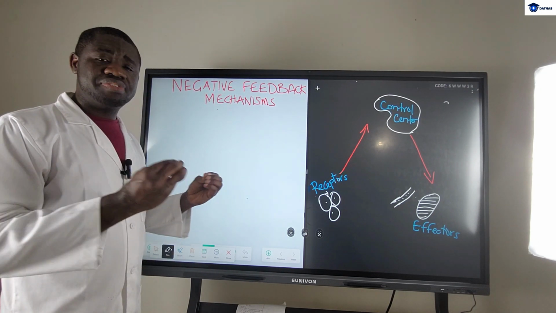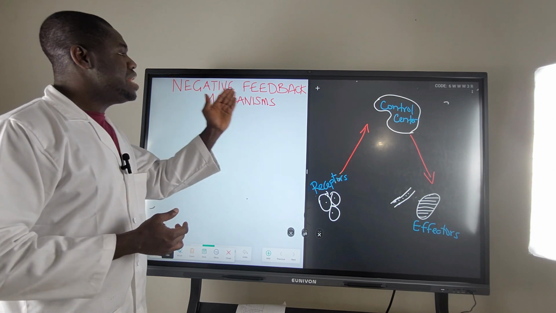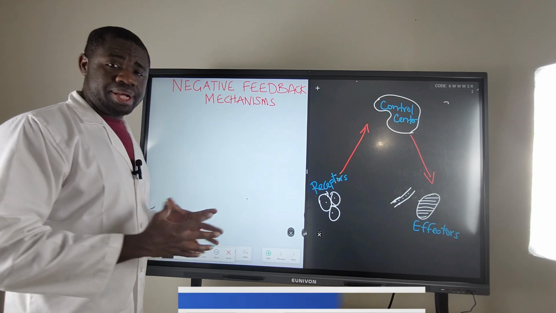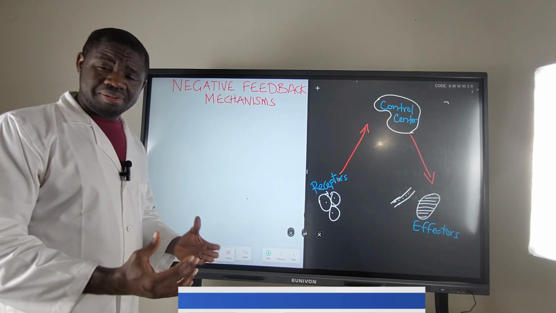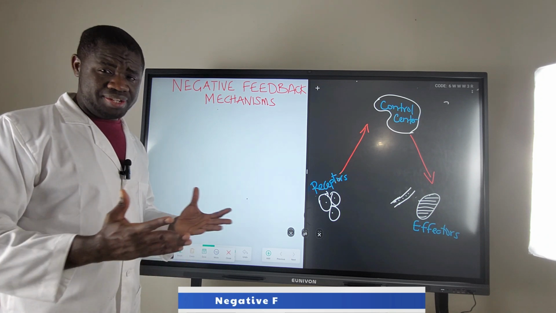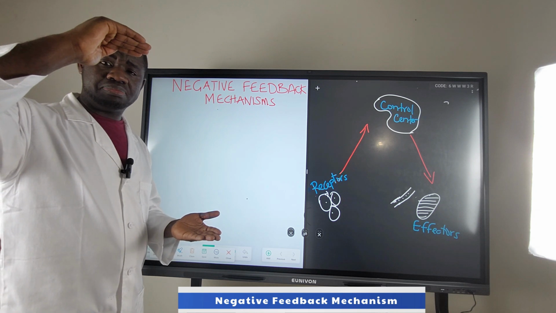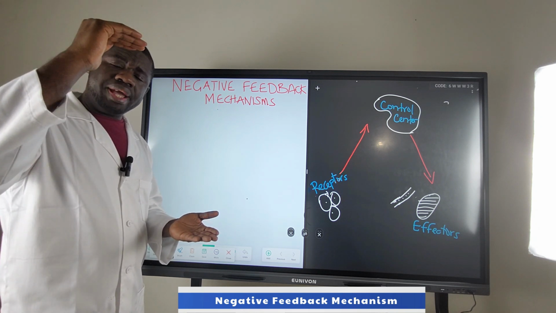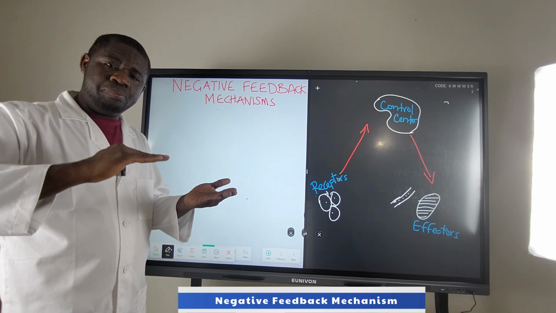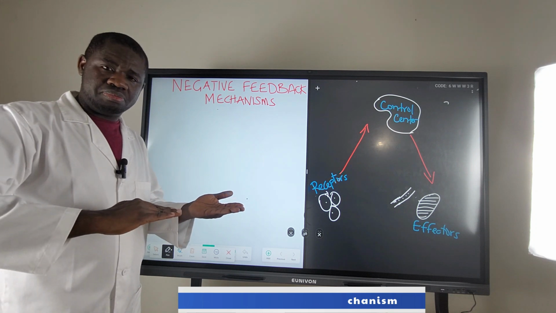85% of activities in the body operate under the negative feedback mechanisms. Negative feedback mechanisms ensure that there is normalcy in the body. For instance, if something is too high in the body, there's a way in the body by which that substance can be regularized to be in a normal amount.